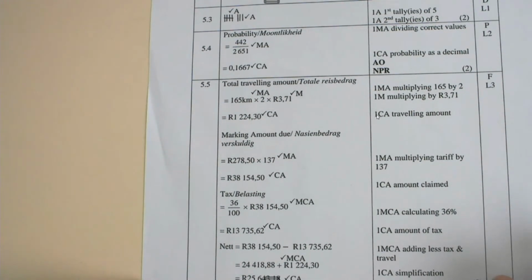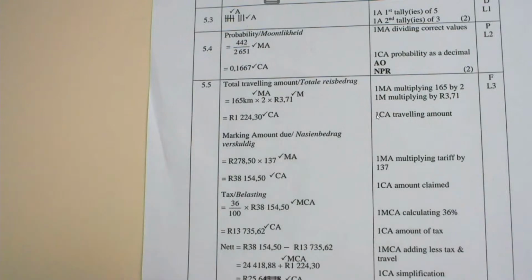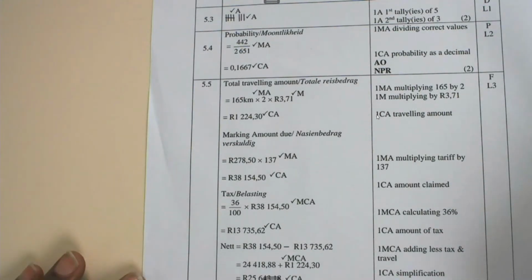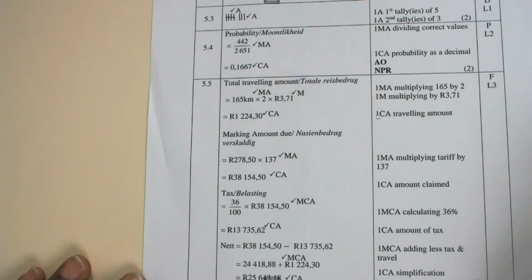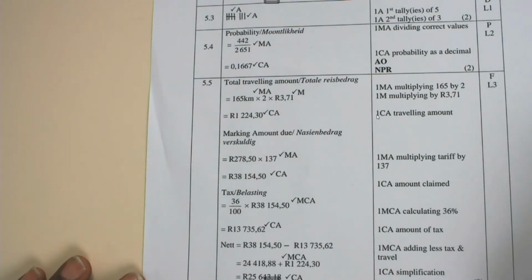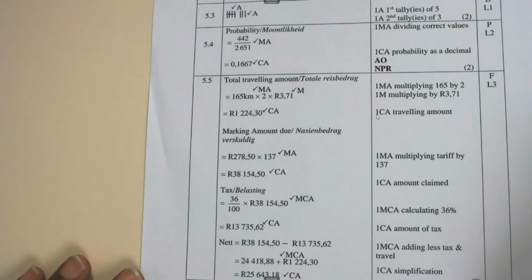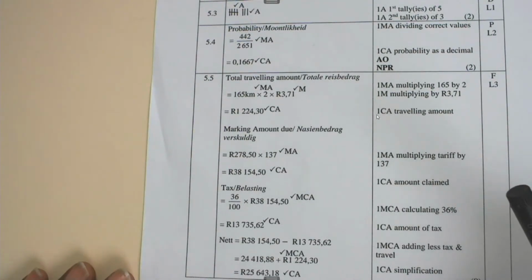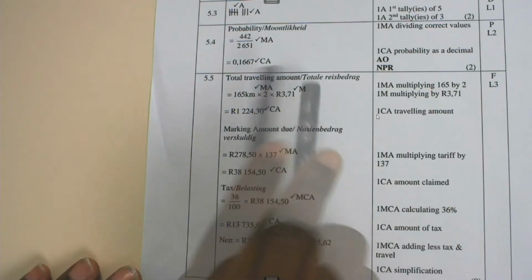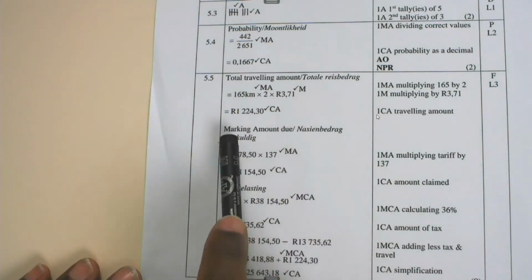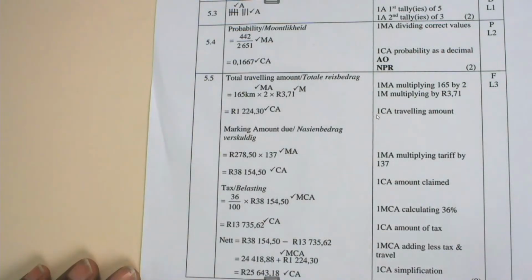Now we're going to start by checking the traveling amount. So remember Busiswa traveled 165 kilometers. You multiply that by 2 because there's a return. She has to go home, and then it is 3 rand 71 per kilometer. Then all in all, she will receive a traveling amount of 1,224.30.